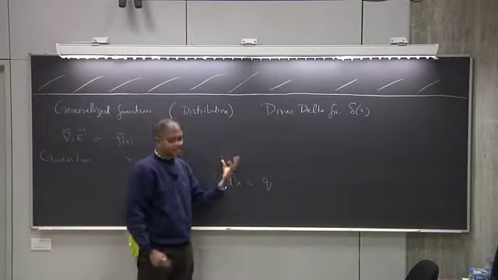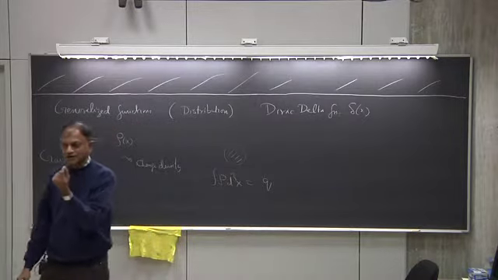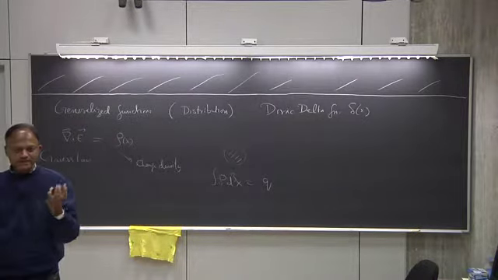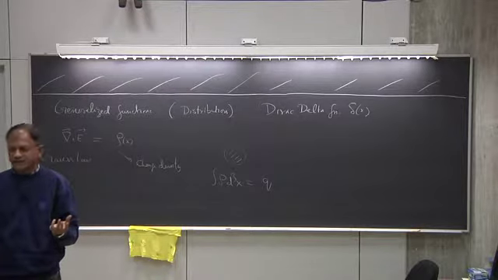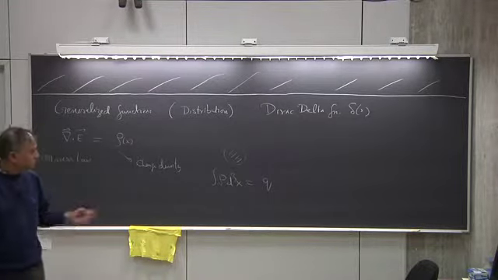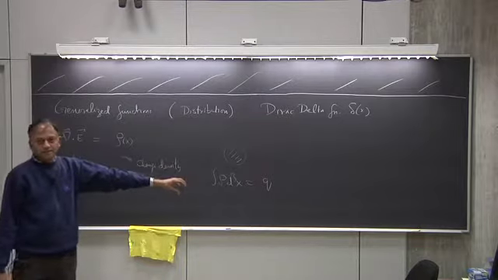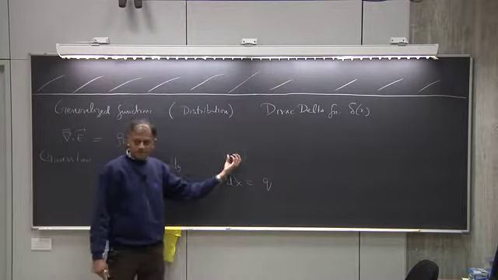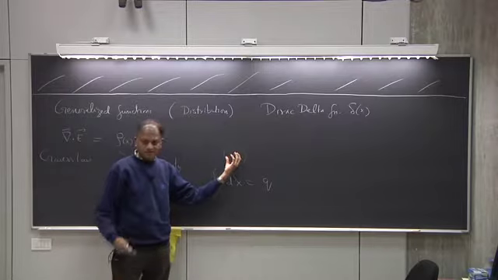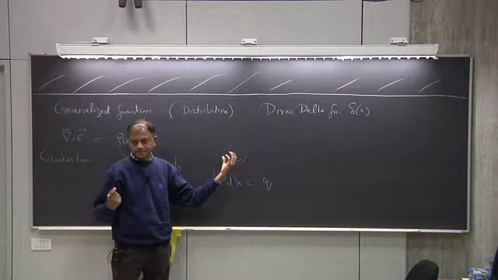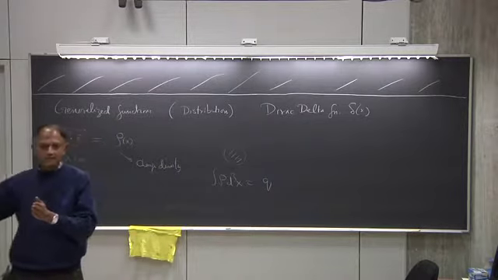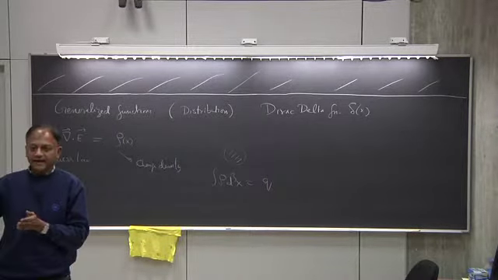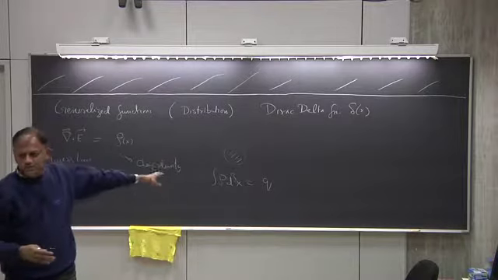Now, the nucleus, of course, has a size. It's not a point particle. It has a size of the order of 10 to the power of minus 15 centimeters or so. But as a first approximation, it's simpler to consider it as a point particle. The size of the atom is about 10 to the minus 8 centimeters, and the nucleus is about 10 to the minus 13 centimeters.